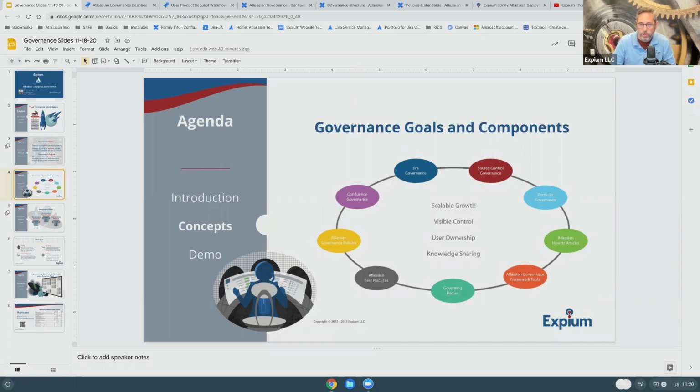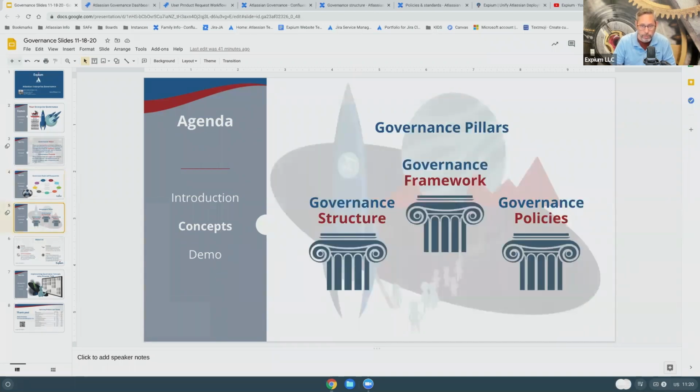Governance structure are going to be the people and activities that are happening around governance. These are going to be your governance committees and things like that. We'll talk about that a little bit later on. Governance framework. This is going to be the place where people are going to go to see and act on governance activities, okay? Those are probably going to be things like Jira and Confluence, so we'll talk about that later.